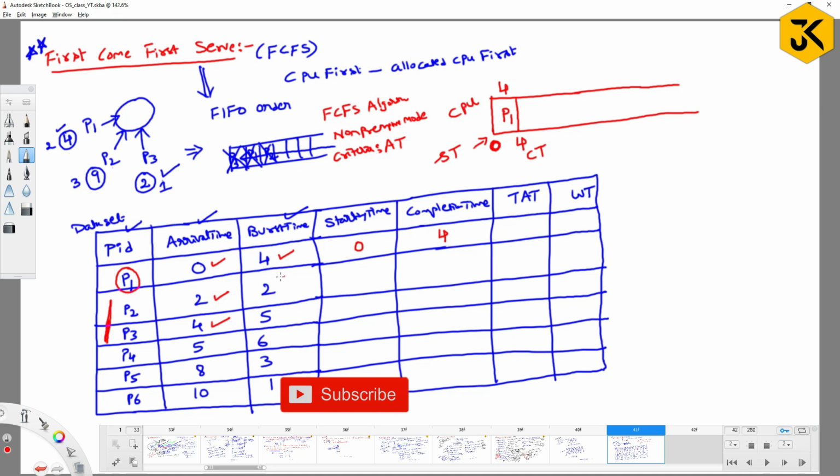Yes. So when the time is 4, P2 and P3 are available.